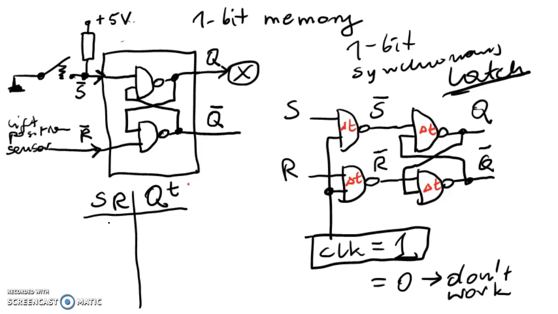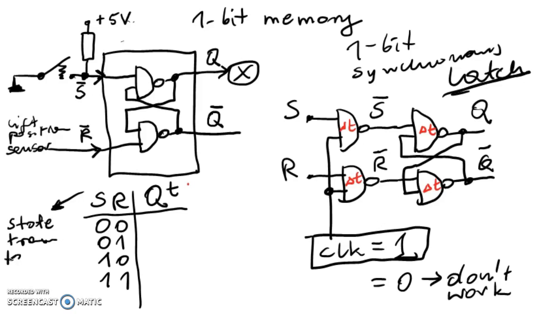So now let's put in all the combinations of these signals. Okay, the clock is not present in this table, and this table is not called a truth table, but a state transition table, STT for short. And what's the state? What does state mean?